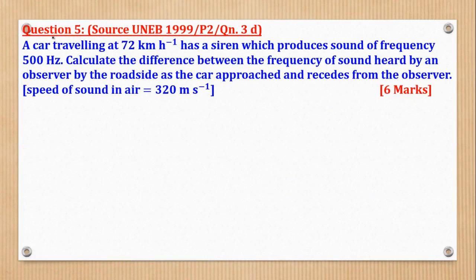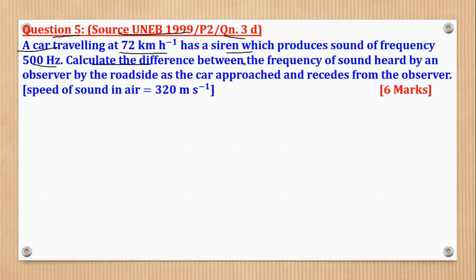That was question 4. Question 5 came from U.A.C.E 1999 paper 2 question 3D, and it says a car traveling at 72 kilometers per hour has a siren which produces a sound of frequency 500 Hz.